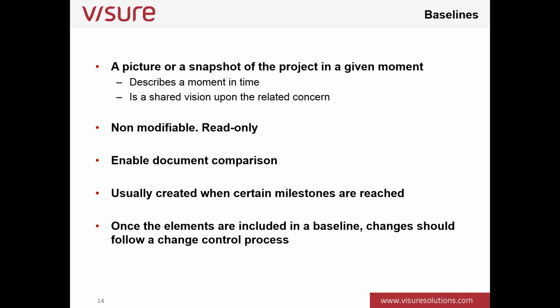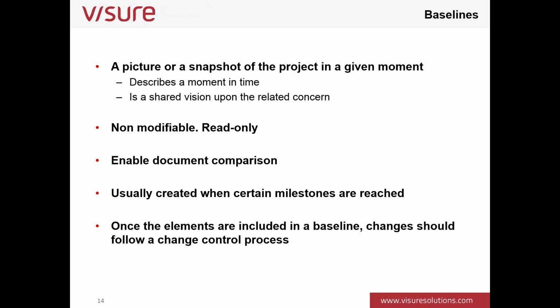So I create this baseline, and this baseline is frozen. It's non-modifiable, it's read-only, and it's safe, let's say, forever. That doesn't mean that I won't be able to add new requirement or modify the existing one, okay, but usually now it will require a more complex, a more formal process for modifying anything, okay? So I will need to create change requests and things like that.